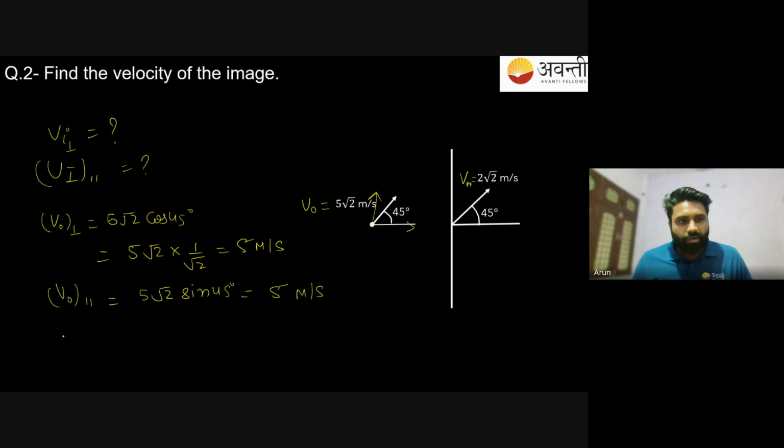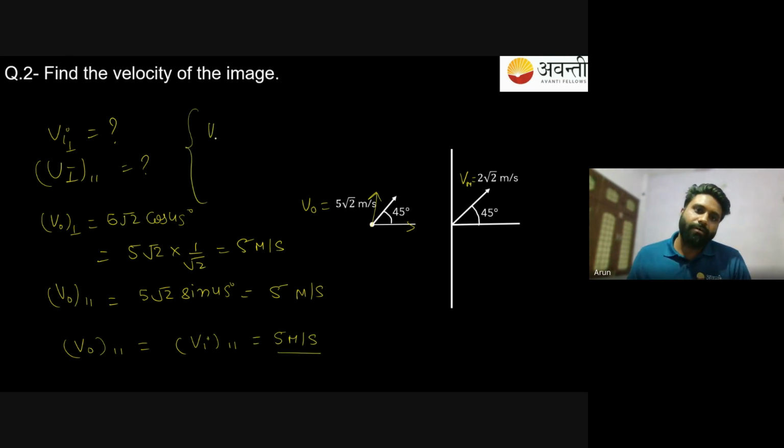From the formula, velocity of object parallel equals velocity of image parallel, so velocity of image parallel is also 5 meter per second. And velocity of image perpendicular plus velocity of object perpendicular divided by 2 is the velocity of mirror perpendicular.